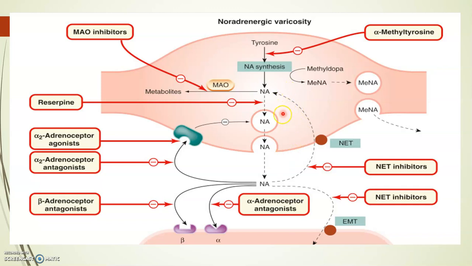So that's in brief the major locations of the action of noradrenaline and a brief oversimplification of the production of noradrenaline. And we also know that noradrenaline will be broken down into metabolites by the monoamine oxidase. Okay? The monoamine oxidase enzyme will break down noradrenaline into metabolites.